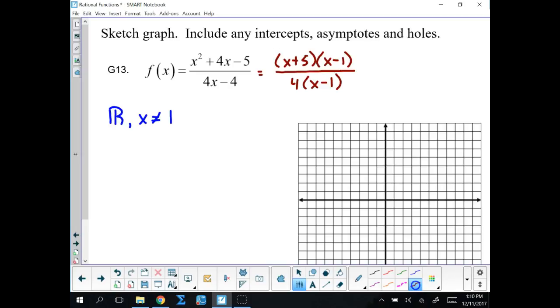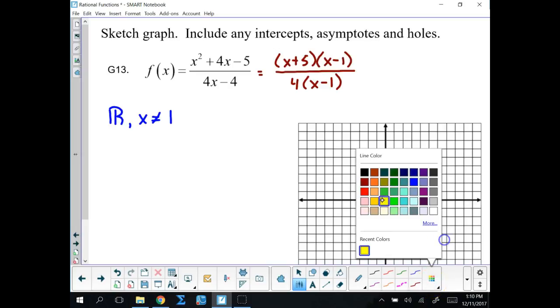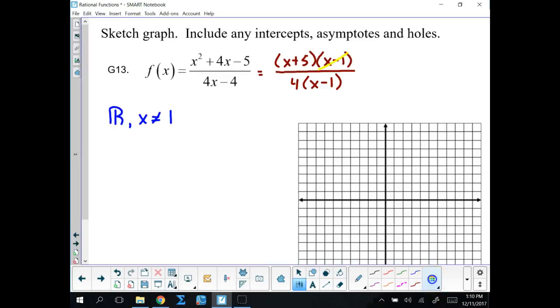Okay. So what does that mean? What cancels? The x minus 1's cancel out, right? Okay. So what does that do to my vertical asymptotes? That becomes none. Now, my domain stays that x cannot equal 1 because I can't put 1 into that function. Okay?